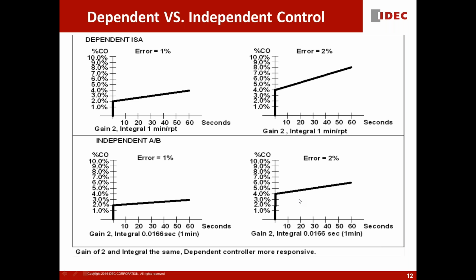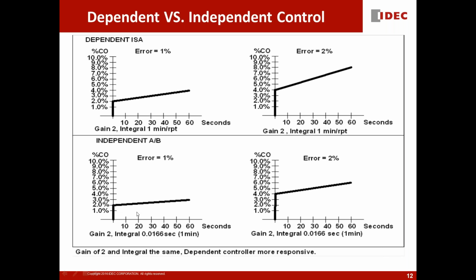And finally, the last thing I will do before I jump into this is show you dependent versus independent. With independent, guys, you can see that 1% error, and you can see the effect on the PID output. With 2% error, look, this is why we cannot recommend dependent versus independent: the reaction of the PID output.